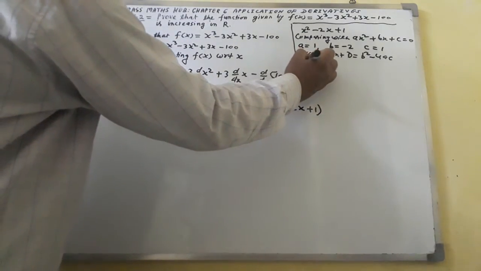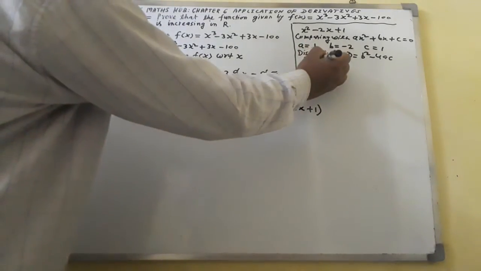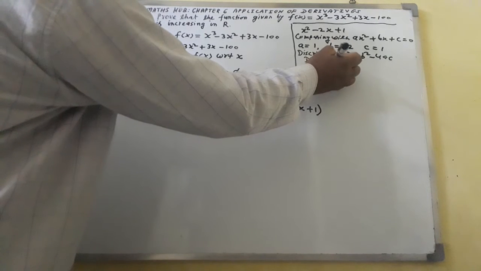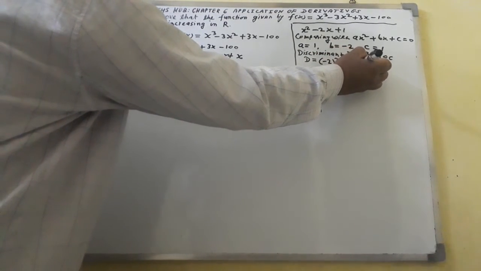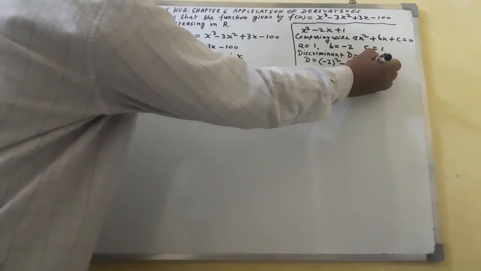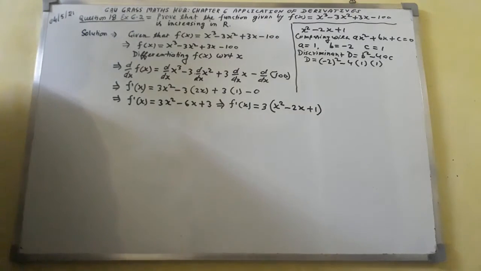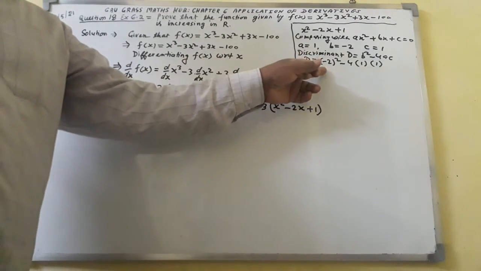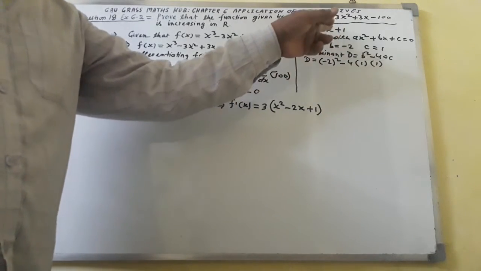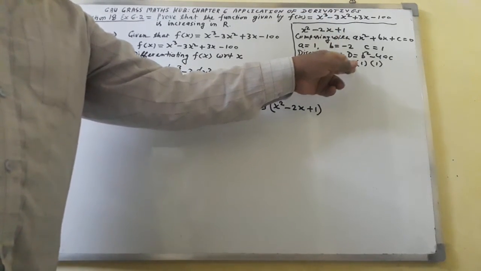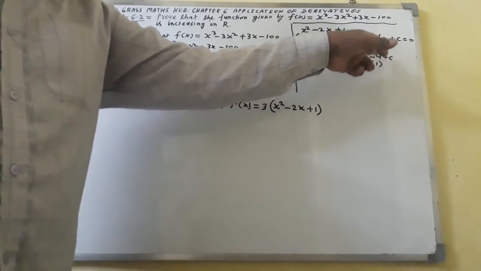D is equal to, the value of b I shall put here, minus 2 whole square, minus 4, the value of a I shall take 1, the value of c I shall take 1.